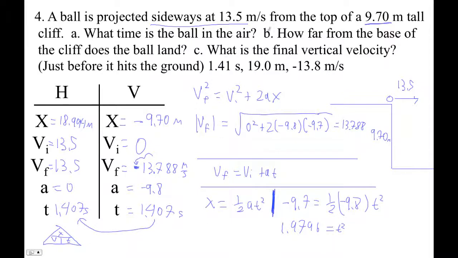So let's see if we've answered the question. Time it's in the air, yep, 1.41 seconds, we got that. How far does it land? 19 meters over, we got that, 18.99. And then what's its final vertical velocity? Negative 13.8, right? Okay, so now let's do the last part.